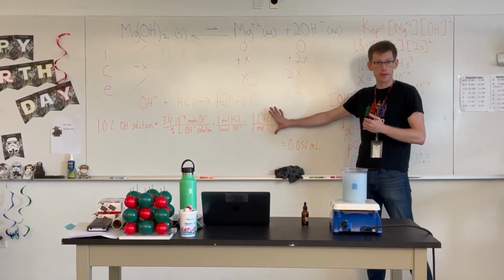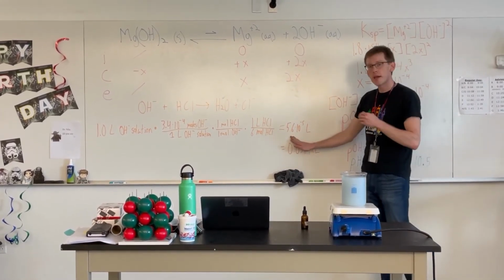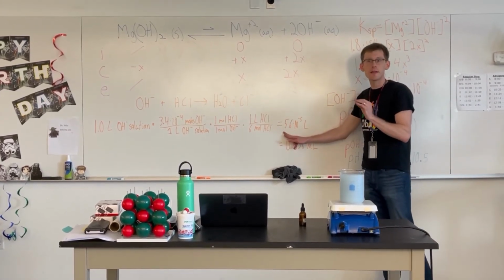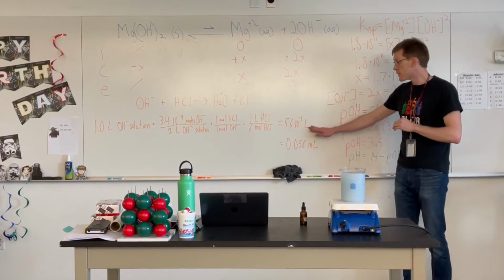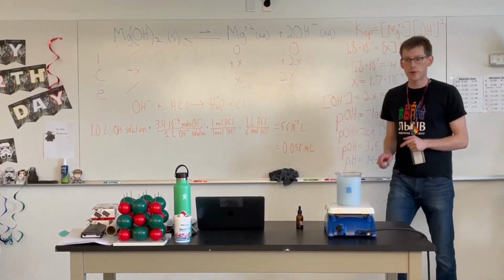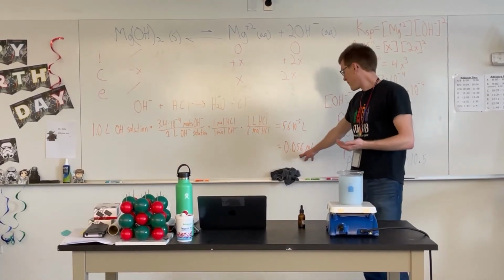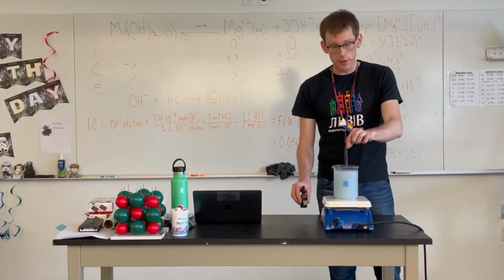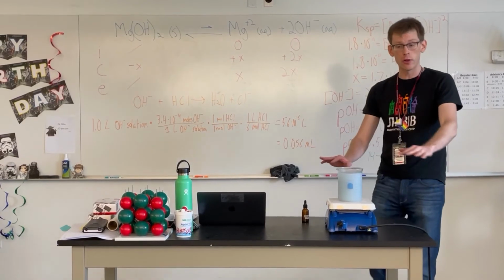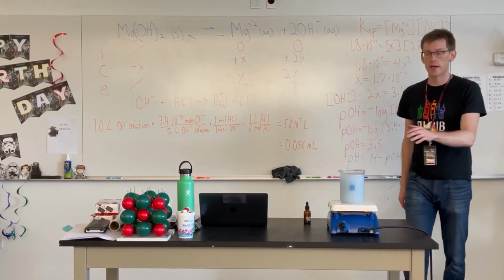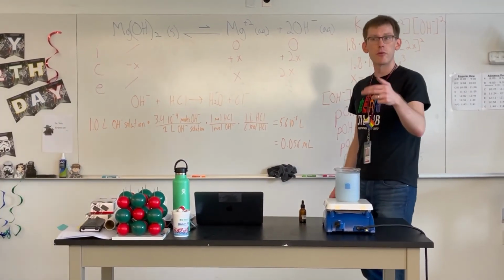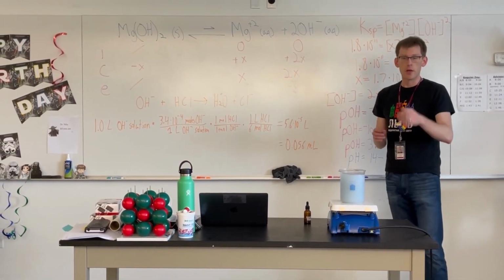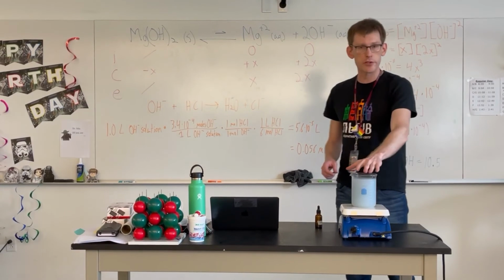That's just the molarity of hydrochloric acid. What this gets us to is I needed to use 5.6 times 10 to the negative 5th liters of the hydrochloric acid, or about 0.05 milliliters of this, in order to react with all of the hydroxide ions that were dissolved. So what we saw was all the hydroxide was taken out, which is why the universal indicator changed.